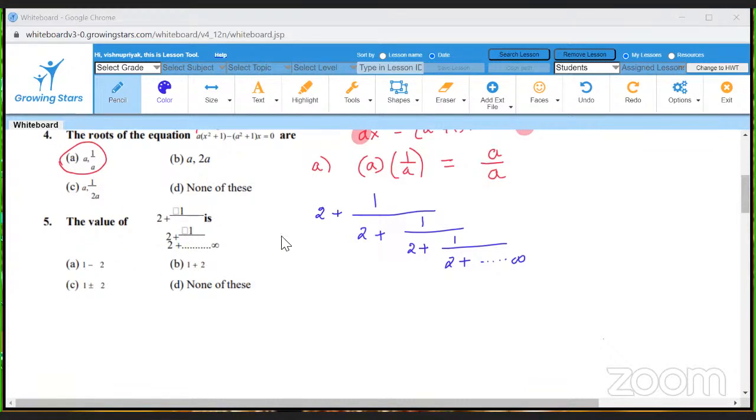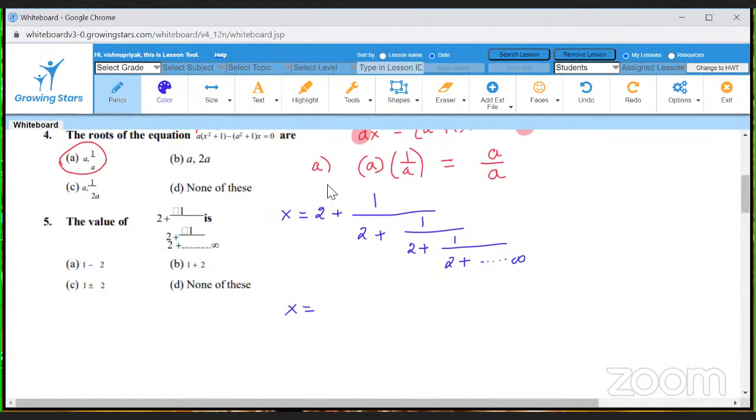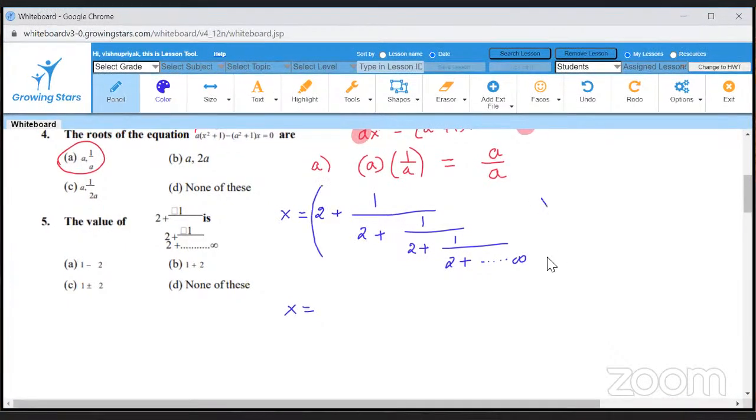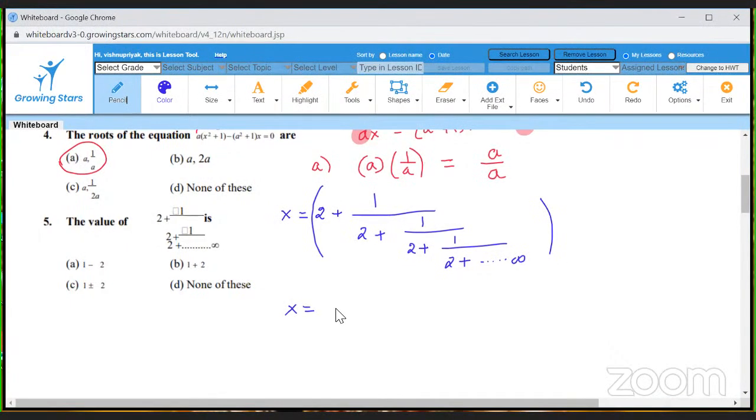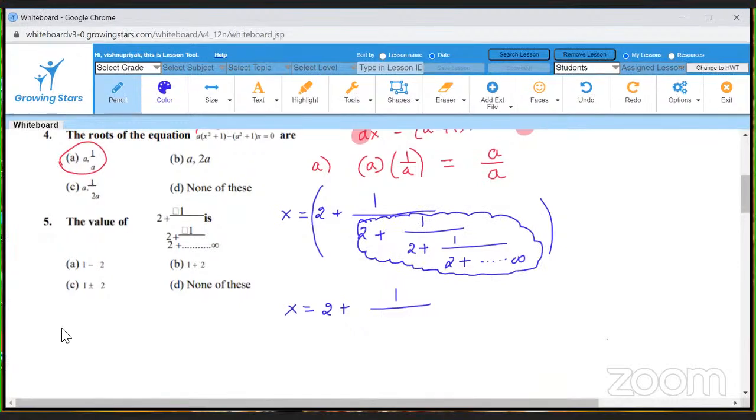So what I will do is, I will take this entire continuing thing as x. That means starting from 2 plus onwards. But what I will write is 2 plus 1 by, this starting 2 plus I will take as x. This is also 1 by x only.